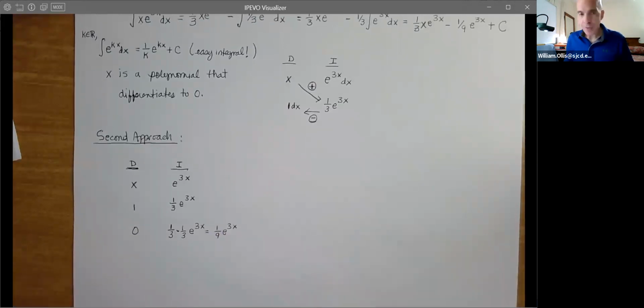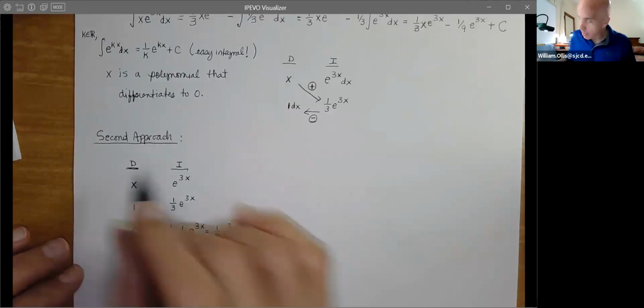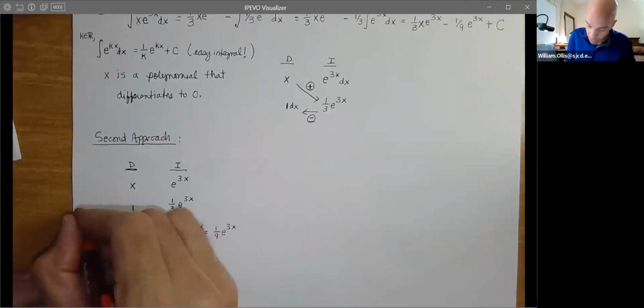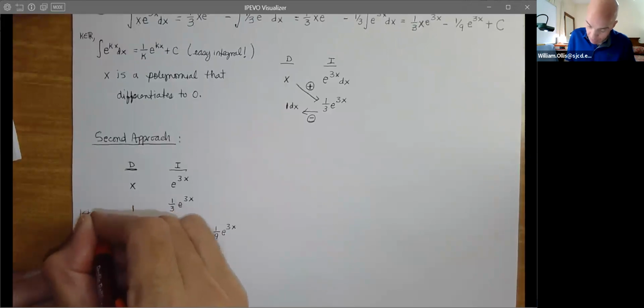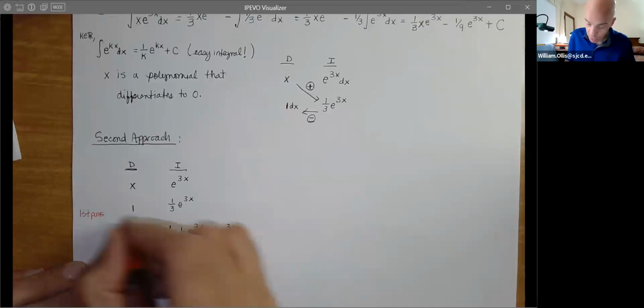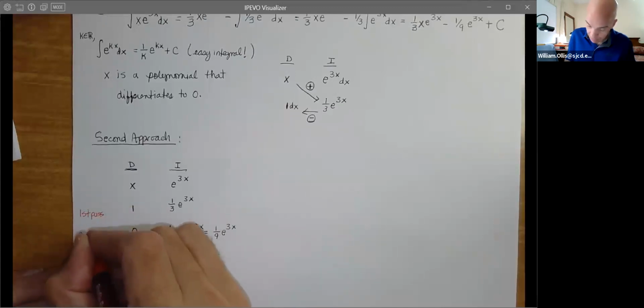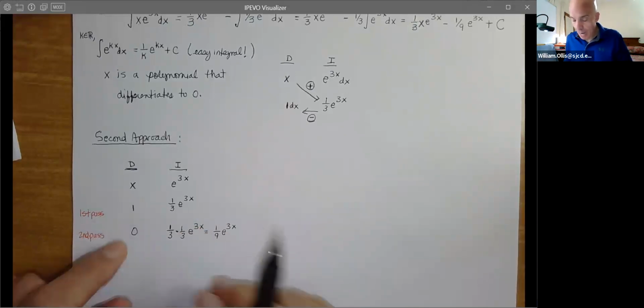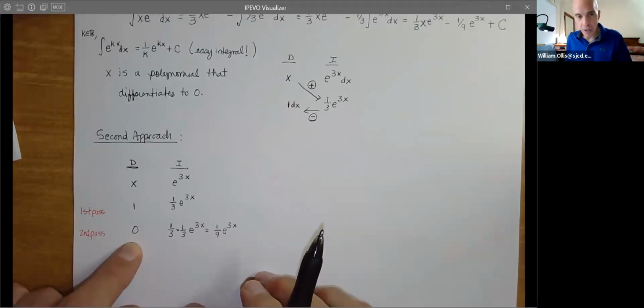Now, here's the thing. This is the first pass, and this is the second pass. So first pass, that's what we do. And then we apply it again, new u and new dv, second pass. But because of this minus sign, after here, there's going to be no more content.